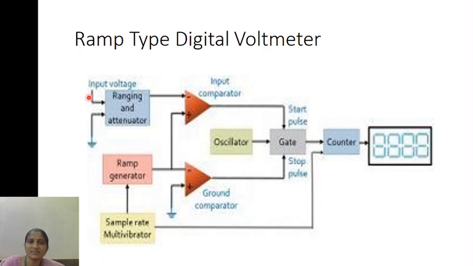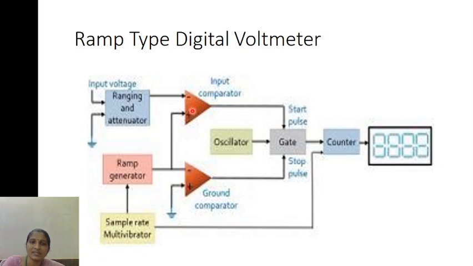The input voltage is applied to the ranging and attenuator, and the specific range which this voltmeter has to allow, and which it has to stop, is decided in the ranging and attenuator block. The voltages which are in the given voltage range are allowed, and that is given to the input comparator.